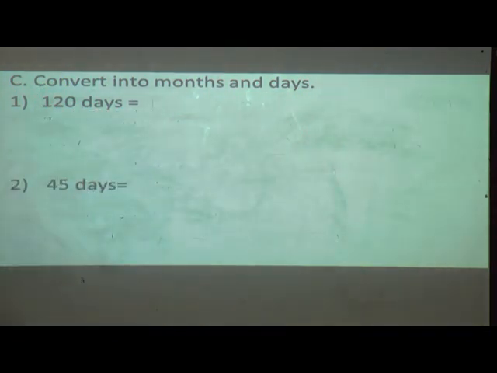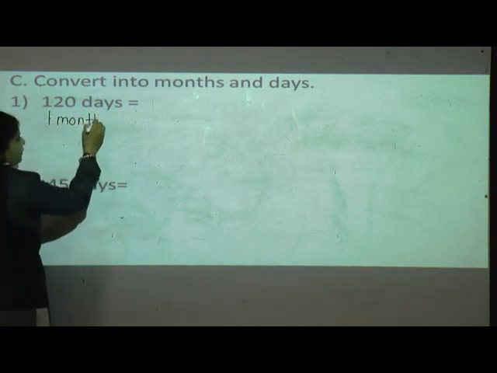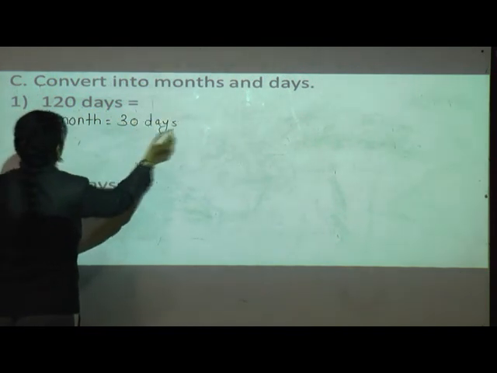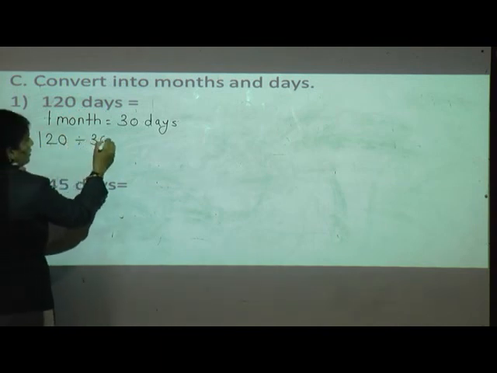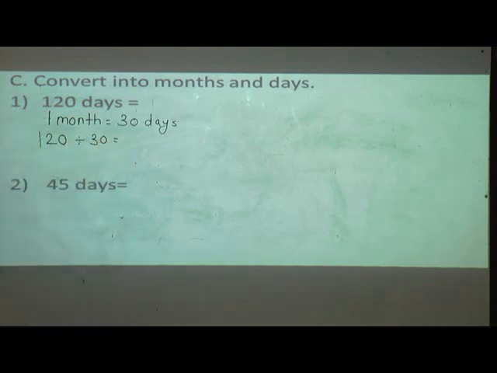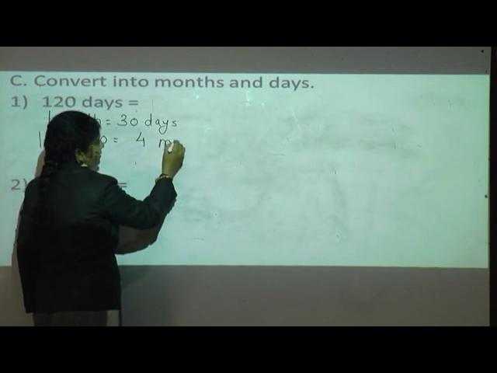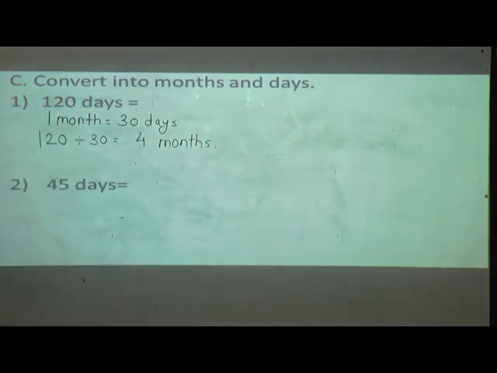So first of all write here 1 month is equal to 30 days. So you can divide now 120 by 30. So divide it students and tell me the answer. Yeah, 4 months.